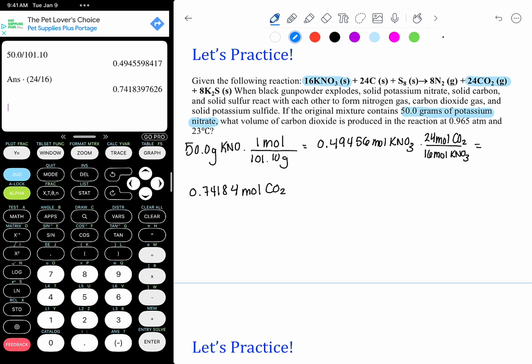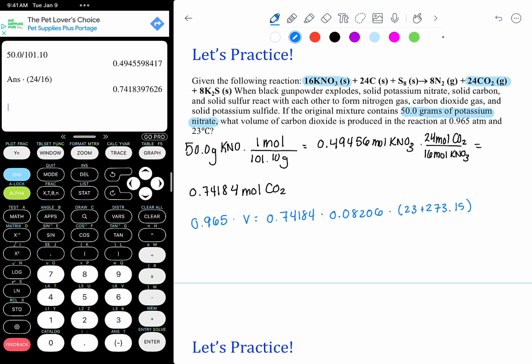So PV equals nRT tells us that the pressure is 0.965 atm times the volume, which we're looking for, is equal to n, which is the moles, which we just solved for, of 0.74184, times R. R for atm is 0.08206, times the temperature of 23 plus 273.15, convert that to Kelvin.